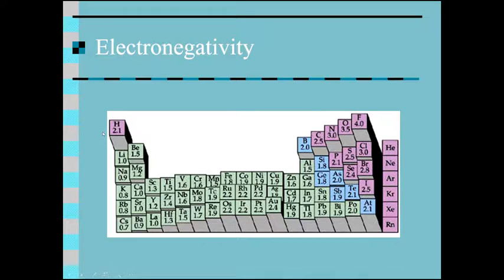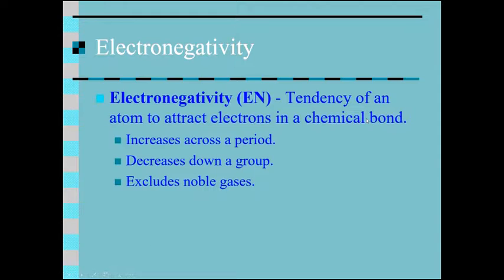Hydrogen has 2.1. In the second period, lithium has 1, beryllium has 1.5, boron has 2, carbon 2.5, nitrogen 3, oxygen 3.5, and fluorine has 4.